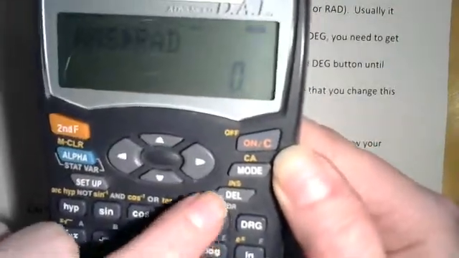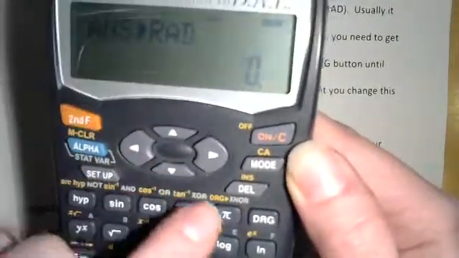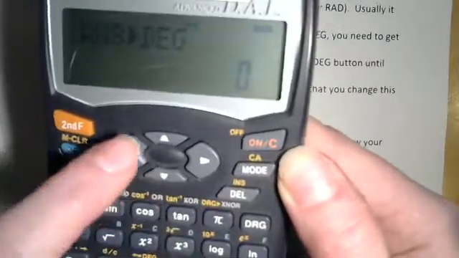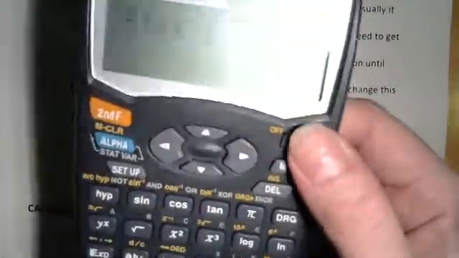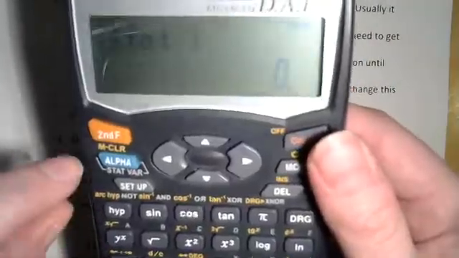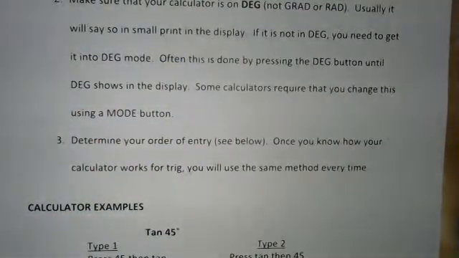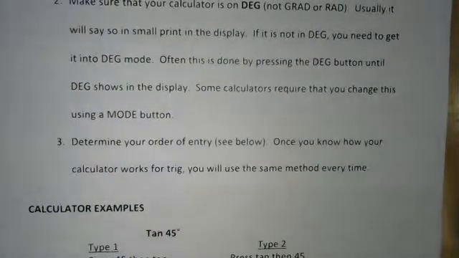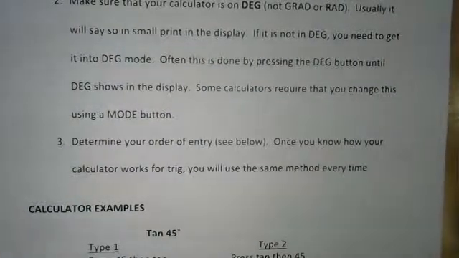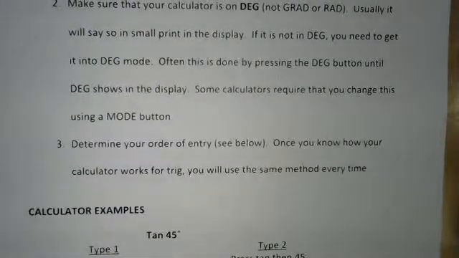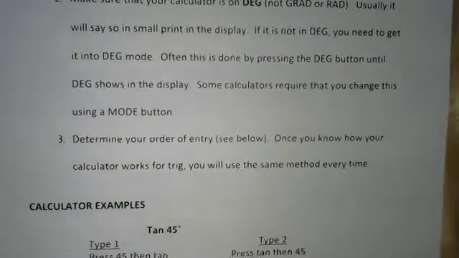And now it's in radians. Degrees, that's what I want. You just have to play around with your specific calculator and find out. Oftentimes you can look it up or there's a manual. And worst case scenario, if you can't figure it out and your calculator is not in degrees, get a hold of me and I can hopefully explain it to you.